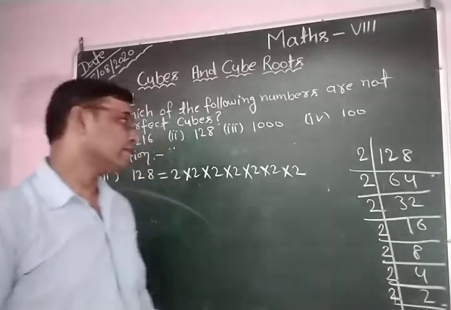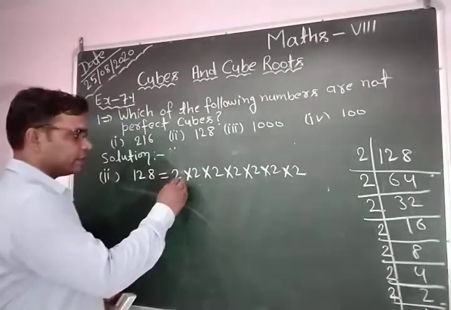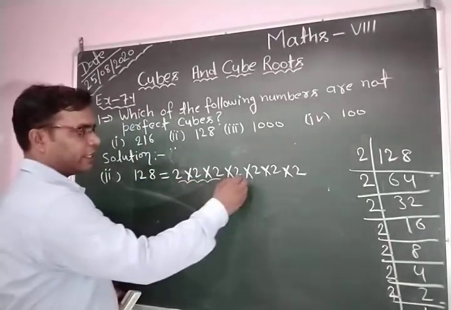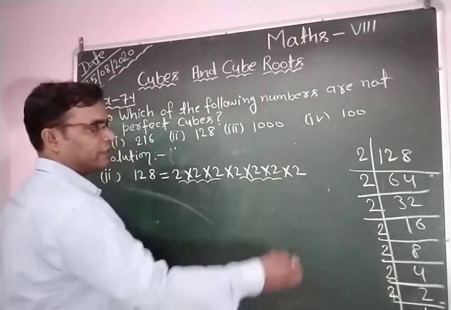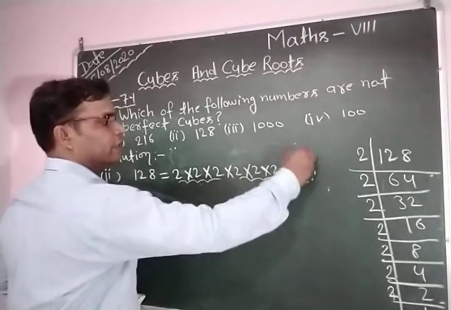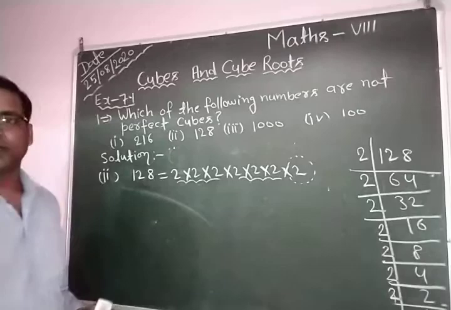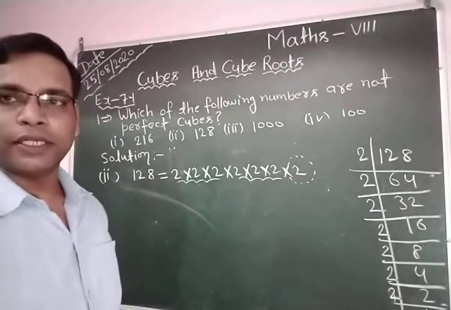So you can see here this is a group of 3 and this is also a group of 3, but this last 2 is not in a group.